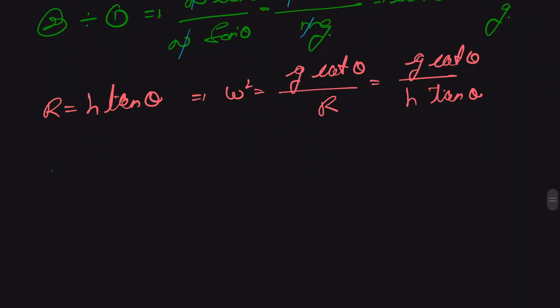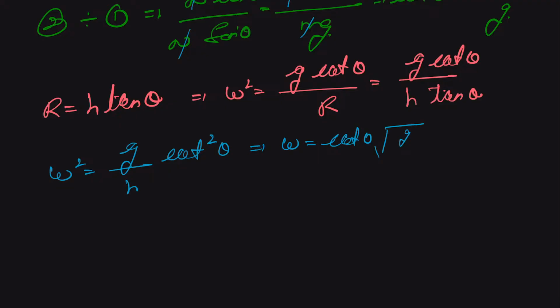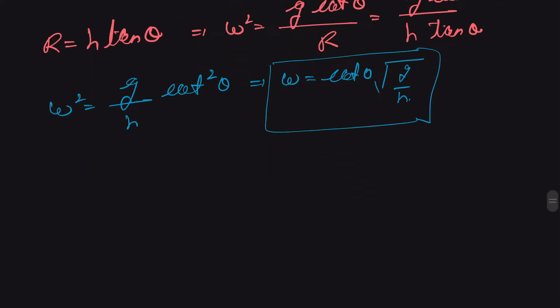So omega square is equal to g upon h times cot square theta. Therefore omega is equal to cot of theta times the square root of g upon h. This is our frequency, when the surface is frictionless and the particle is very small.